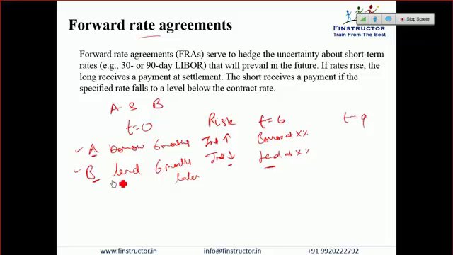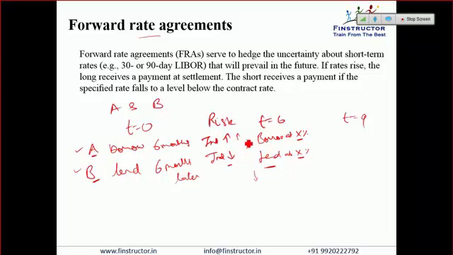If what B is scared of becomes true, that is if interest rates go down, it doesn't matter because B has already agreed to lend at X%. If interest rates go up, then A gains because A has already agreed to borrow at X%.